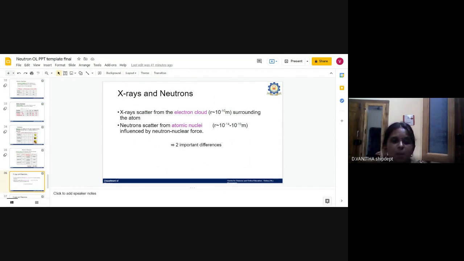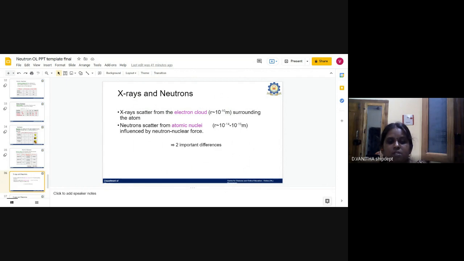So we can compare X-rays and neutrons. First of all, we must know how X-rays are produced. When electrons are incident on metals, X-rays are emitted from the surface of the metal. That is called X-rays.